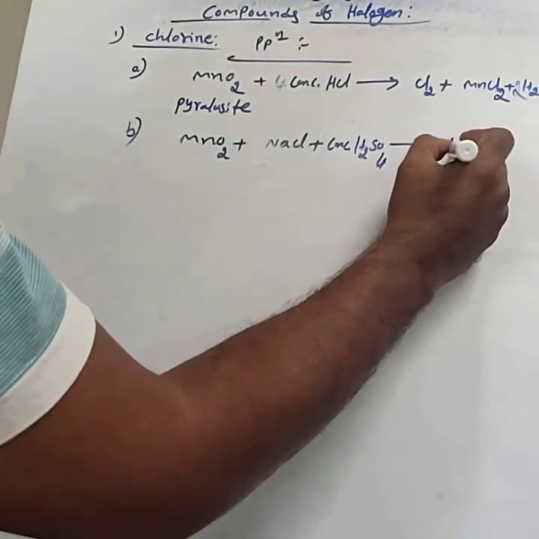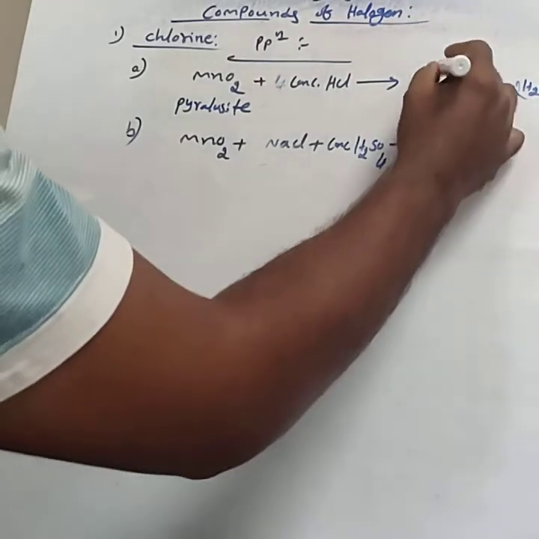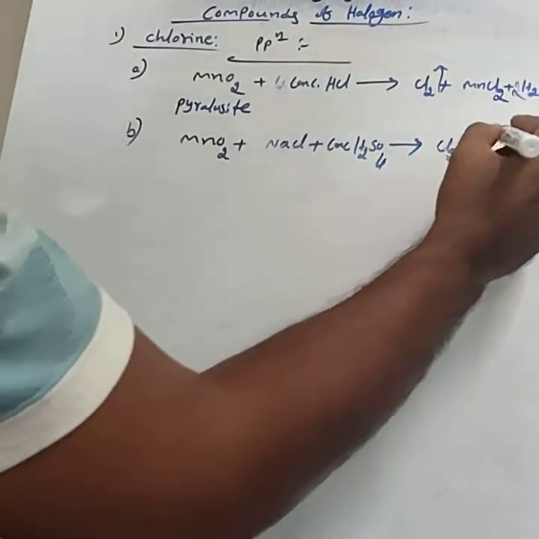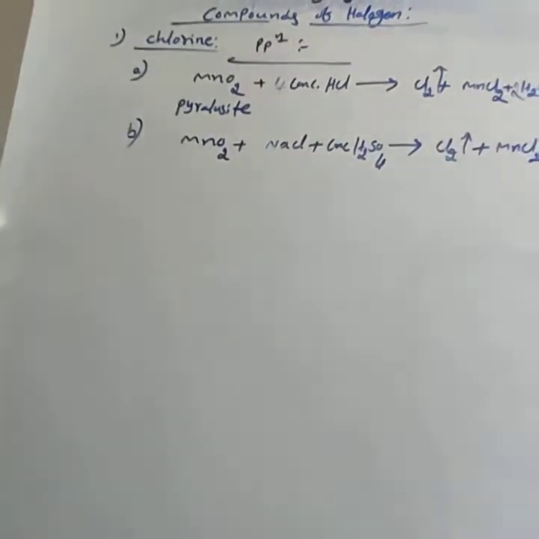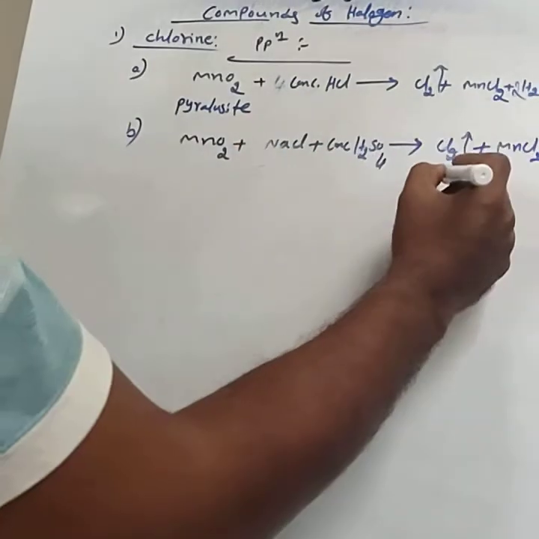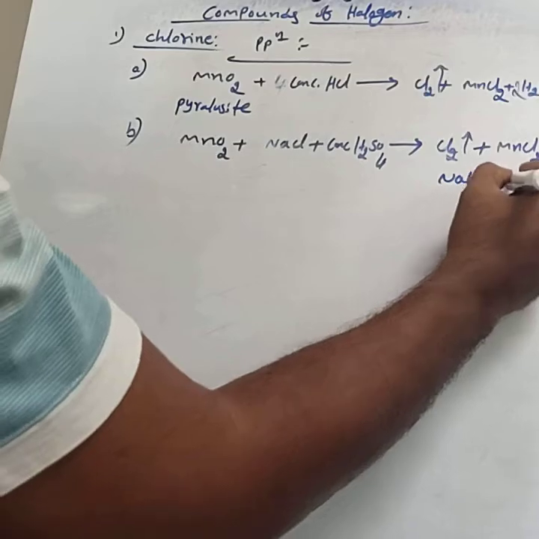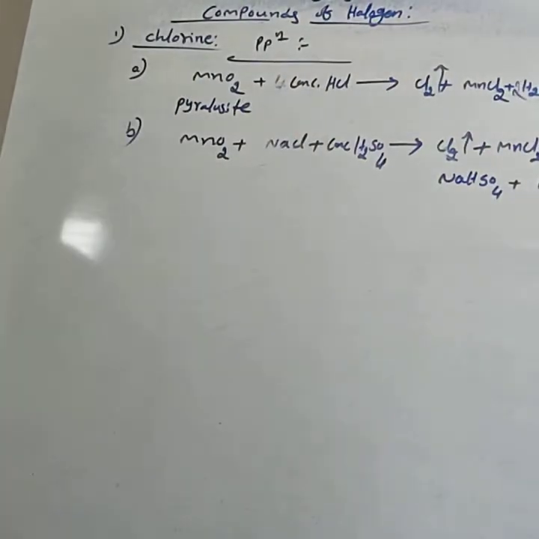Again we get dichlorine gas, Cl2, MnCl2, then NaHSO4, liberating water. This is the second method.